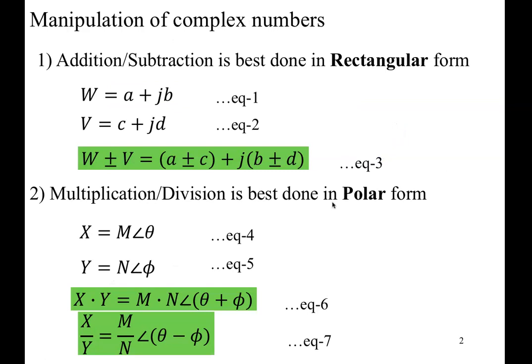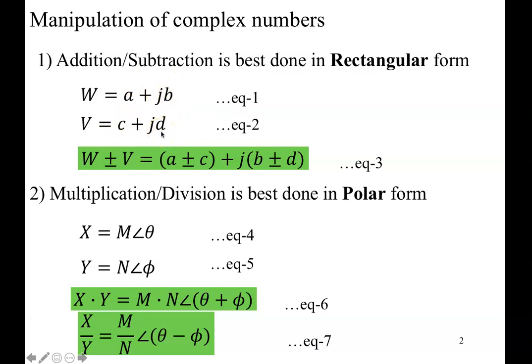Now, rectangular forms are good when we try to add or subtract complex numbers. So for example, I have two numbers here, just some random a plus jb, c plus jd. If I try to add the two together, what you do is add the real part to real part, imaginary part to imaginary part.